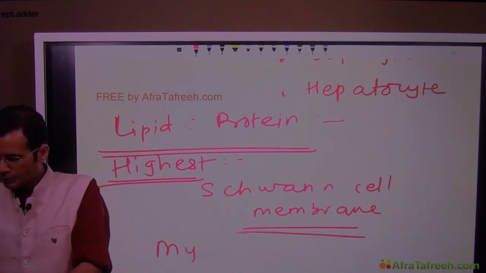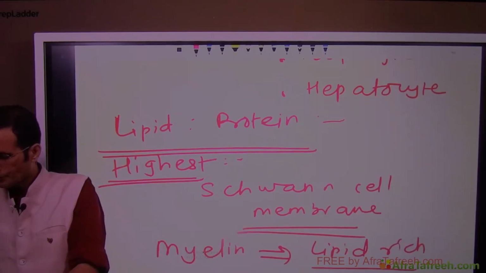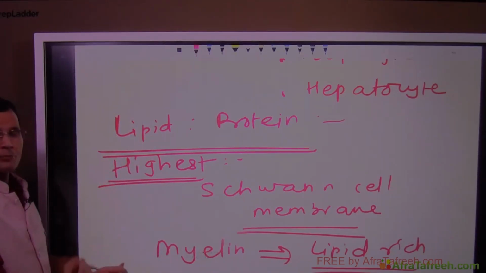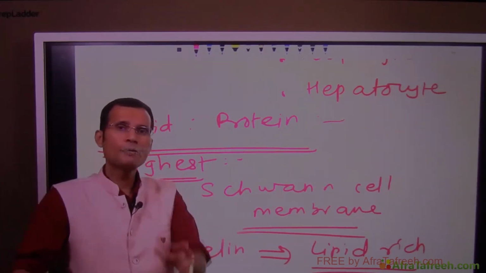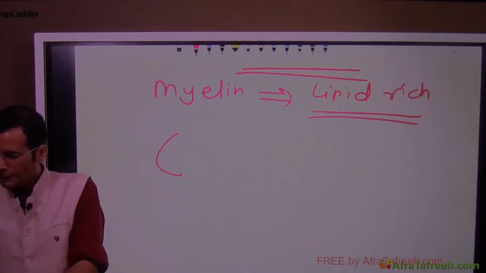Therefore you must remember this, myelin is lipid rich. It's very heavy in lipids. And in fact, to make you remember this, I will give you an example. So I'll write the example in the bracket.